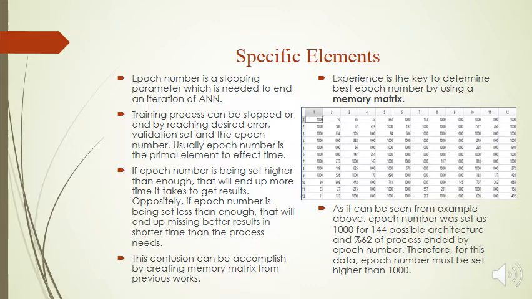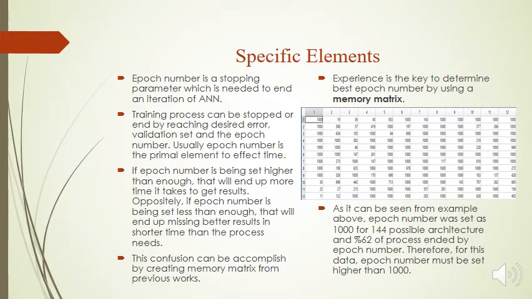If the epoch number is set higher than enough, it will take more time to get results. Oppositely, if the epoch number is set less than enough, it will miss better results that a longer process needs. This confusion can be resolved by creating a memory matrix from previous works. Experience is the key to determining the best epoch number by using a memory matrix.